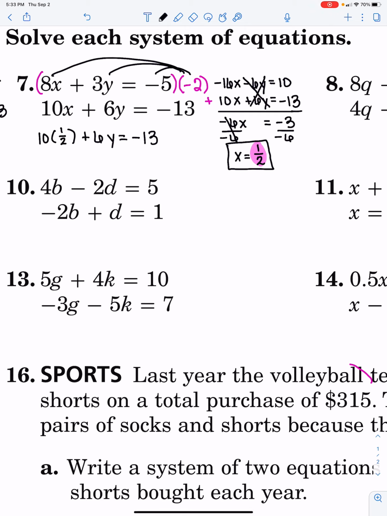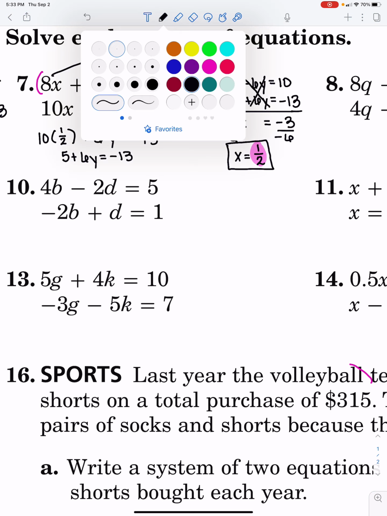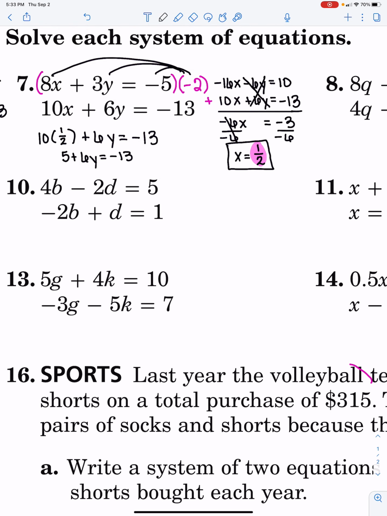So 10 times 1/2, or 1/2 of 10, is 5, plus 6y equals negative 13. I'm going to try to zoom out some stuff here so that I can use this space to write some stuff down.